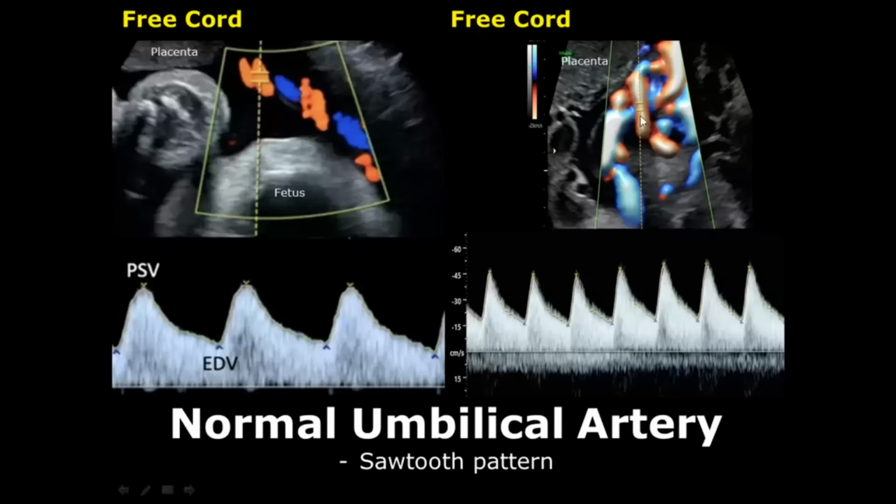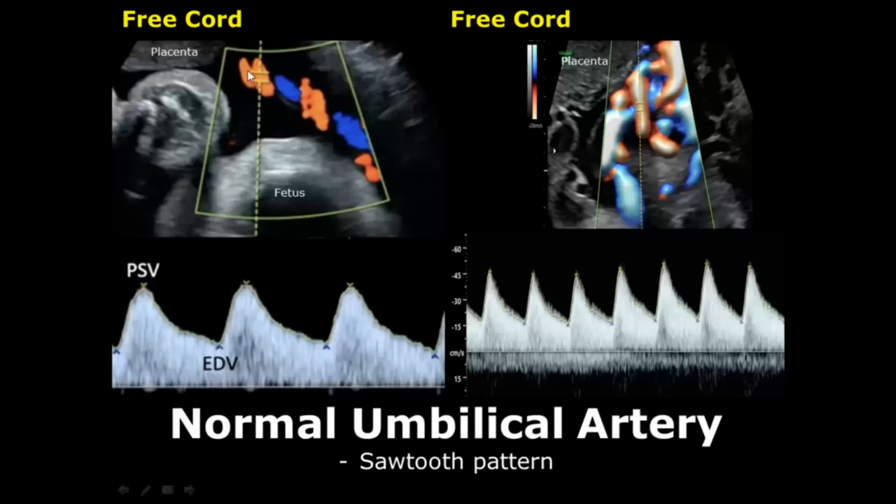The third is the fetal end, where the umbilical cord enters the fetus. But the placental and the fetal ends are difficult to perform Doppler analysis. That is why the free cord is sufficient for Doppler study.